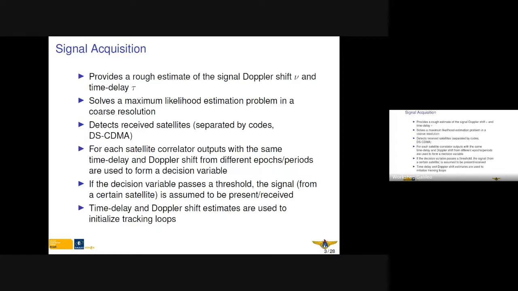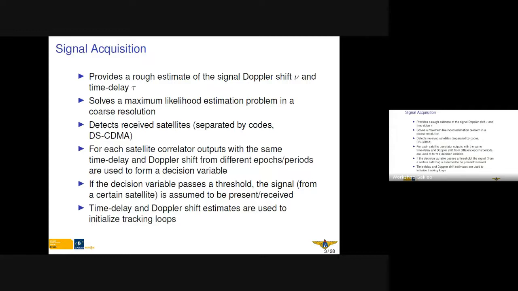Yeah, so signal acquisition provides a rough estimate of the signal Doppler shift and time delay. This is important to perform correlation. We not only have to estimate the time delay, but also the Doppler shift.